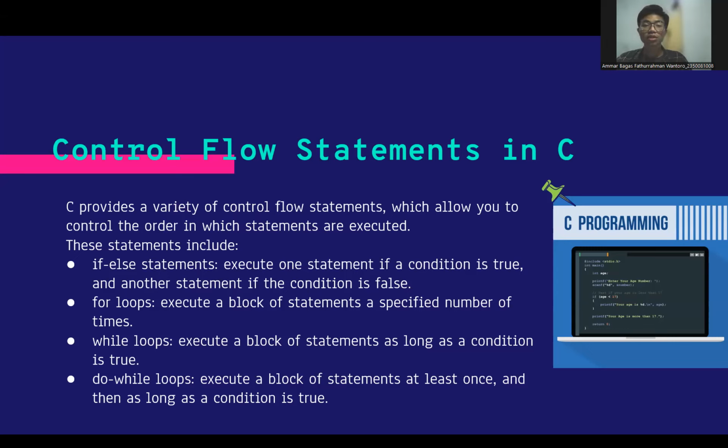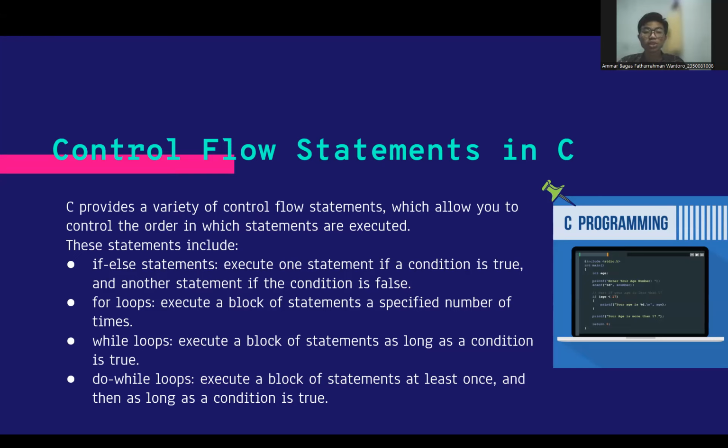These statements include if-else statements, for loops, while loops, and do while loops. If-else statement executes one statement if a condition is true and another statement if the condition is false.